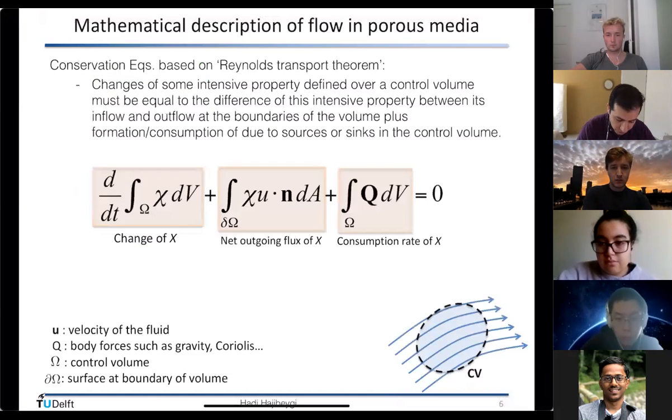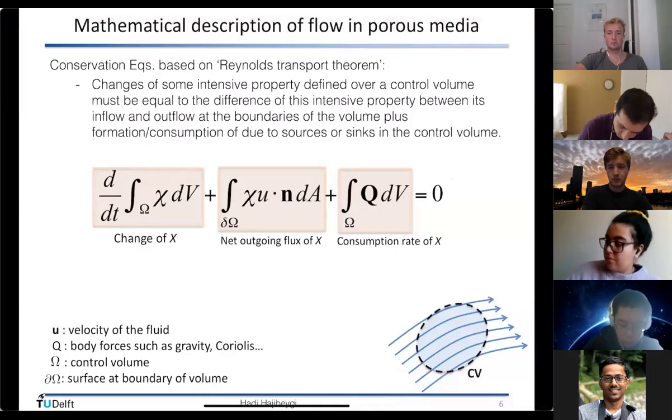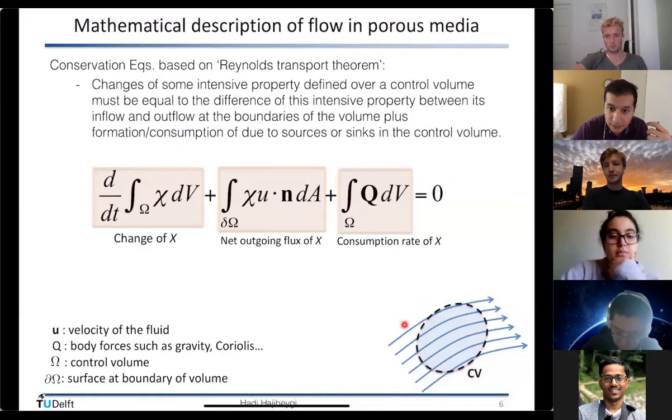Okay, let's do so. The most fundamental way to describe conservation of any quantity which is conserved would be described this way. I have a control volume, which is a fixed volume in my stream of flow, which means that I have flow of fluid happening like this. Arrows show the flux.